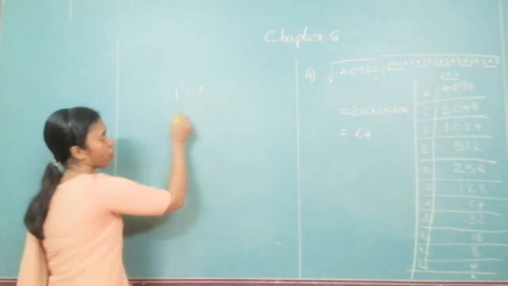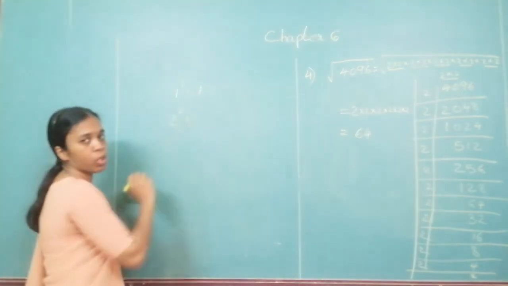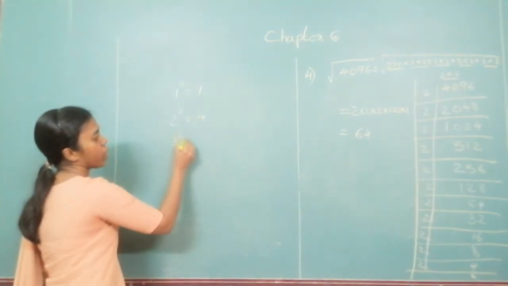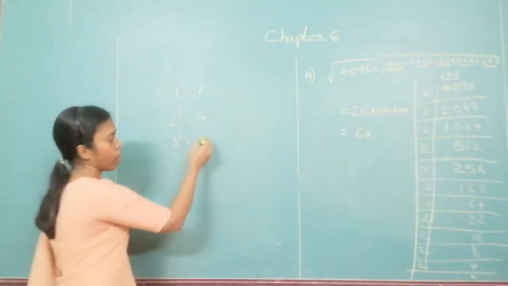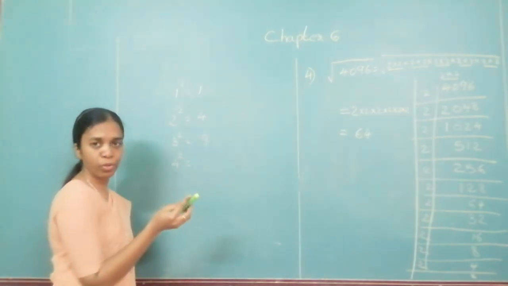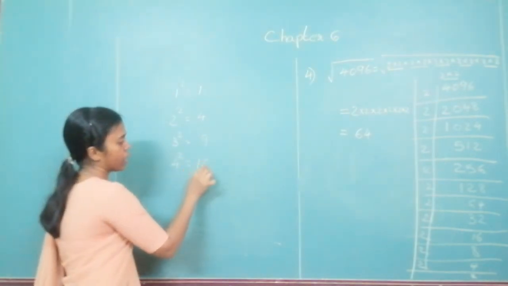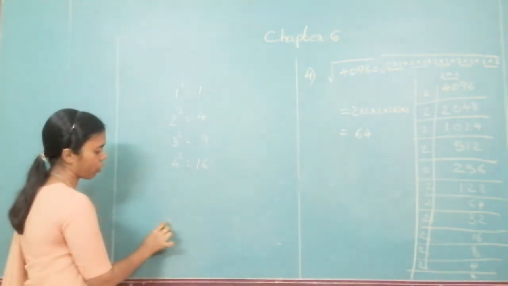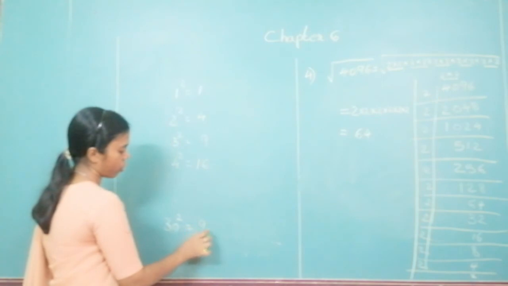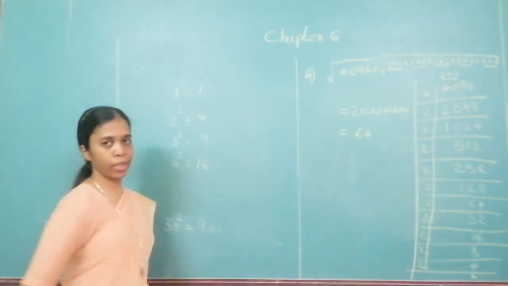How much is it? 1. 2 squared is equal to 2 into 2, which is 4. 3 squared is equal to 3 into 3, 9. 4 squared is equal to 4 into 4, that is 16. Like that you will find up to 30 squared. 30 squared is equal to 900.